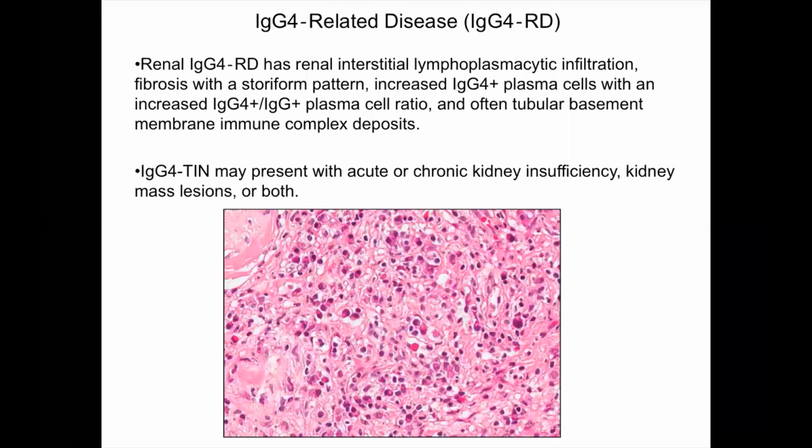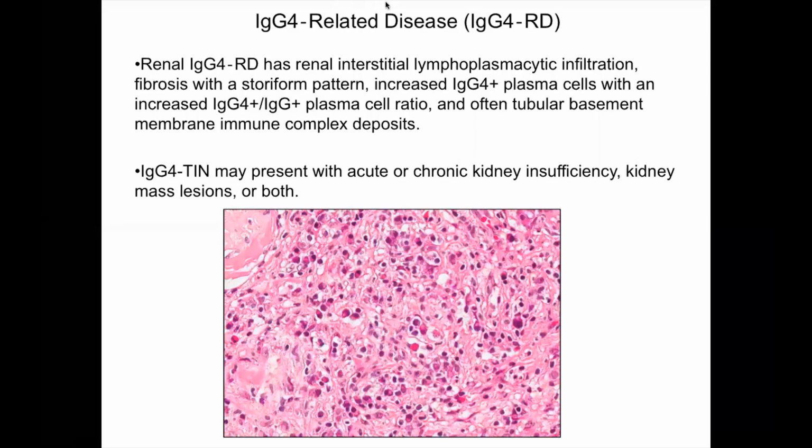First we do an IgG4 stain and look at it under the microscope. In one high power field we must see more than 10 IgG4 positive cells, and the ratio between IgG4 and IgG has to be more than 40%.